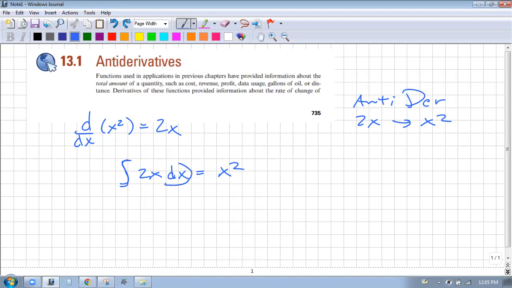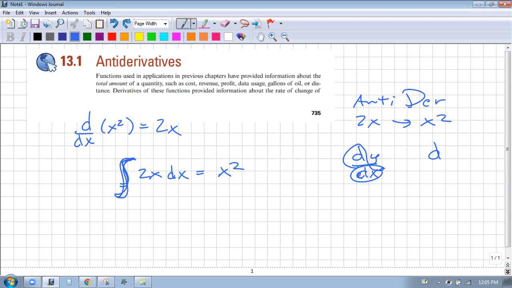And think of this dx as telling you which variable, just like when you take the derivative, we used to put dy dx. This thing down here told you which variable to take the derivative with respect to. Remember, if you had the x's and the y's and the z's, you need that down there. The dx by itself is the derivative operator. This tells you which variable you're differentiating with respect to.